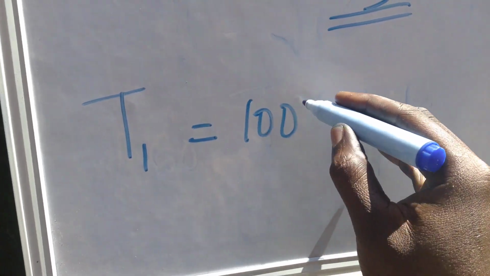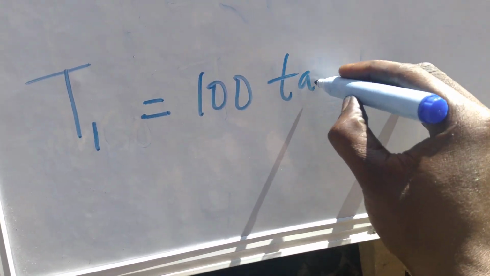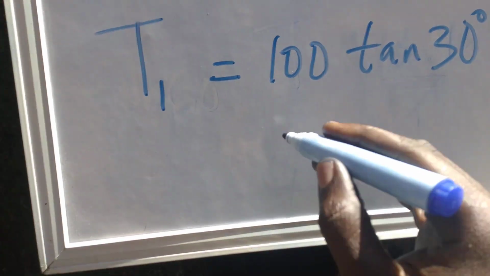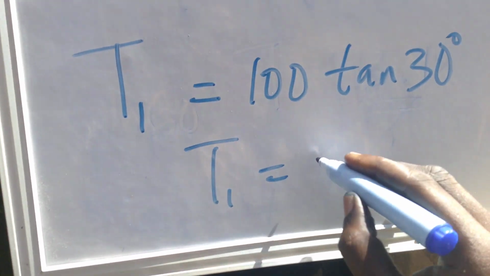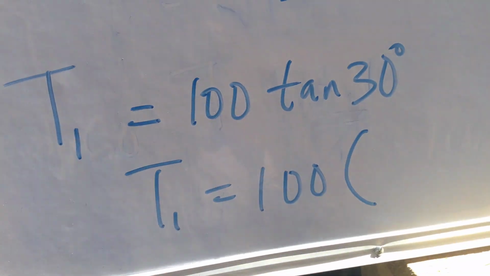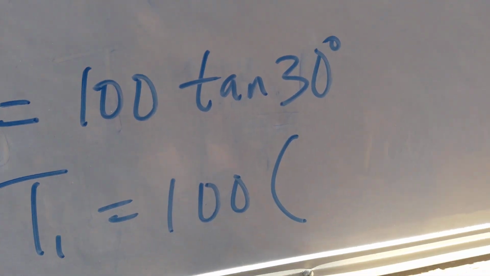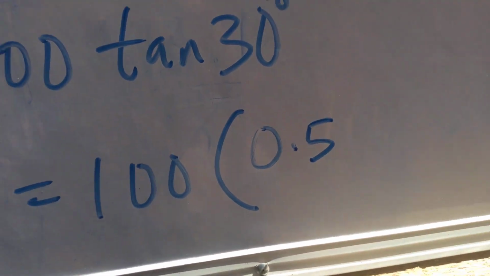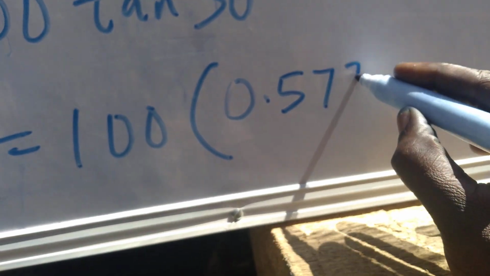But if you choose to solve it using decimals, you say that T1 is 100 tan 30 degrees. Tan 30 will give us 0.5774.